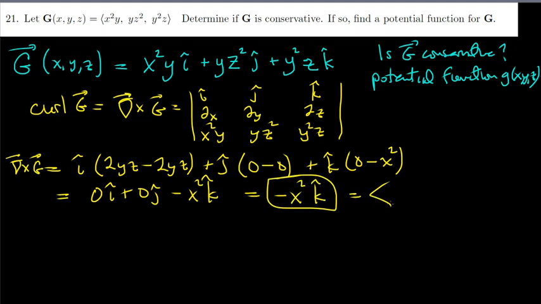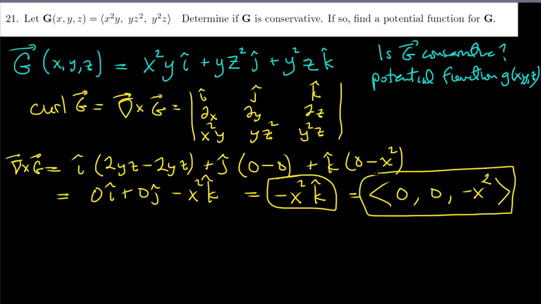But if you're writing it out in its component form, you have to put 0, 0, negative x squared. Perfect. All right. Well, there we go. So the answer is no. Right? G is not conservative. And so there's no point in finding a potential function. It doesn't have any. It does not have a potential function.